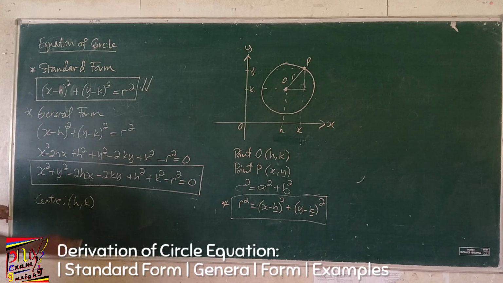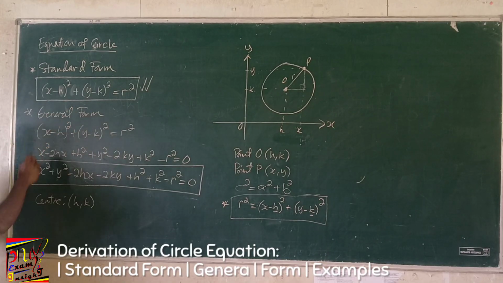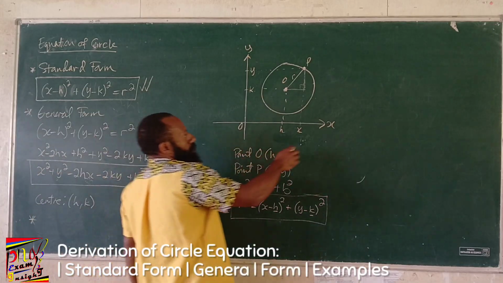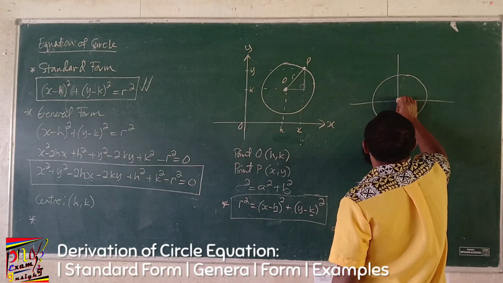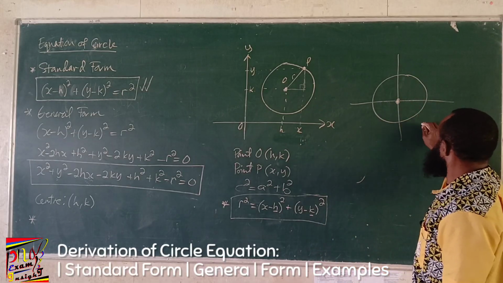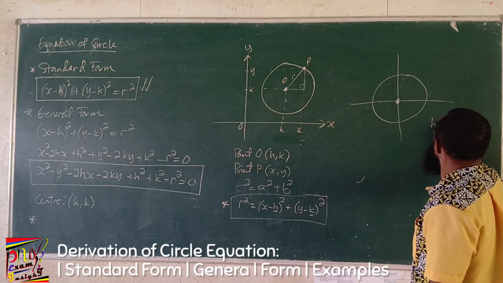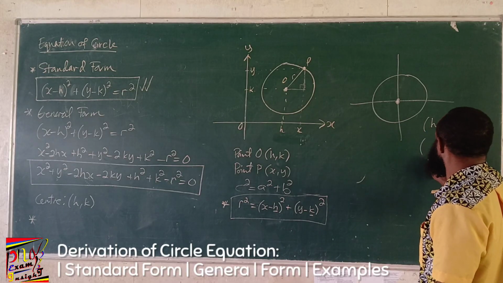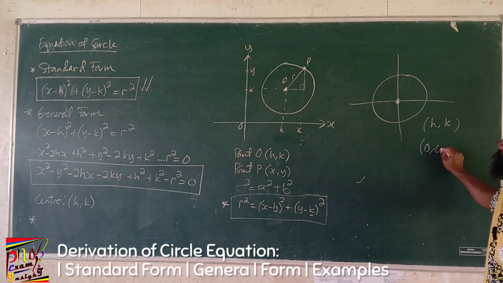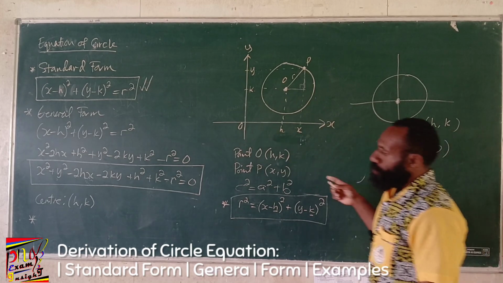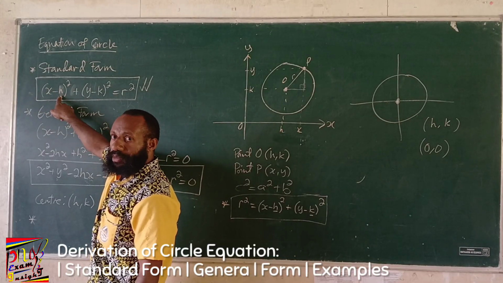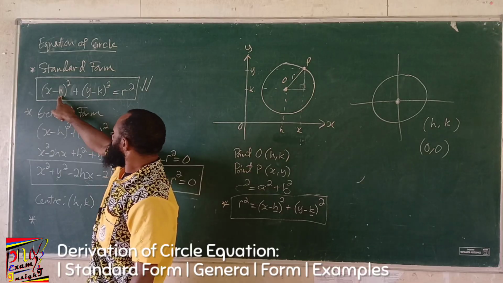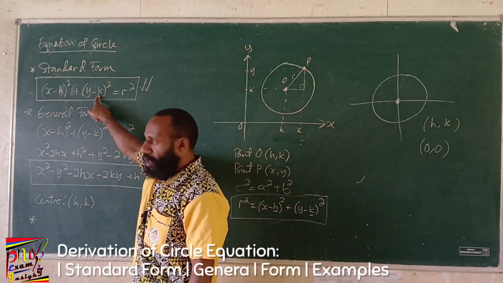One more thing. Having that standard form, if the center is at the origin, your H and K will be 0, 0. So when you substitute into the equation, x minus 0 is x, y minus 0 is y.